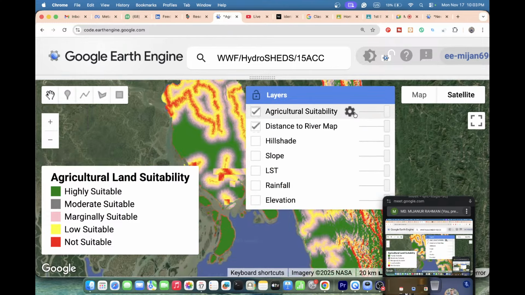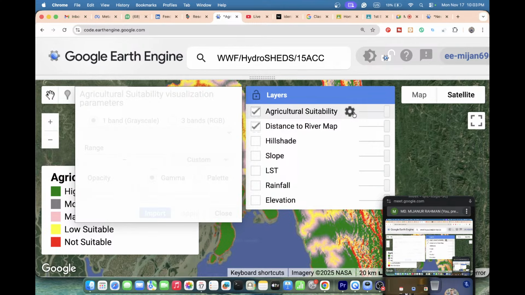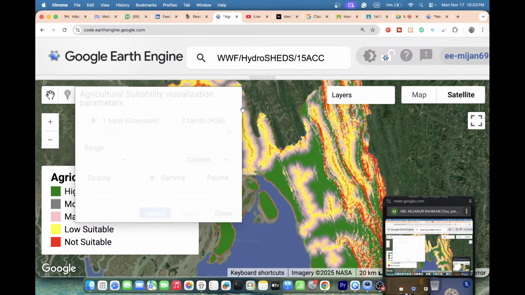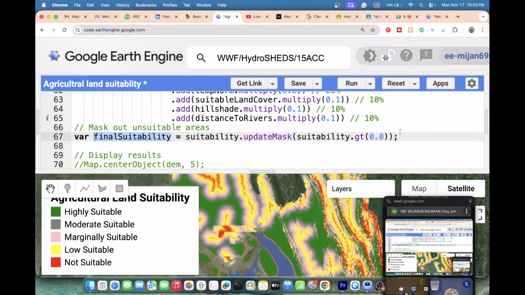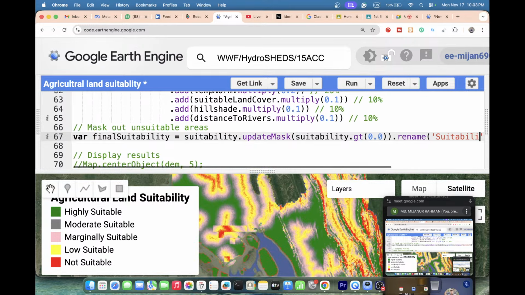If you check the total, we created this class. It's not the slope, so we need to rename it, then it will be better. So let's put the rename function. Rename it to suitability.